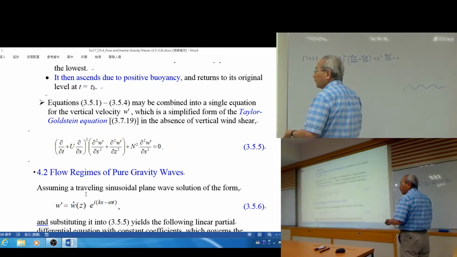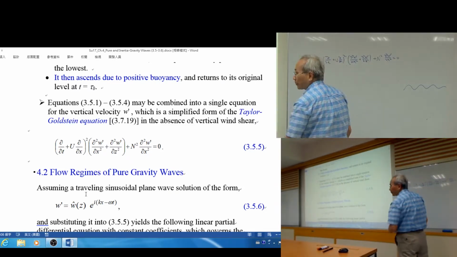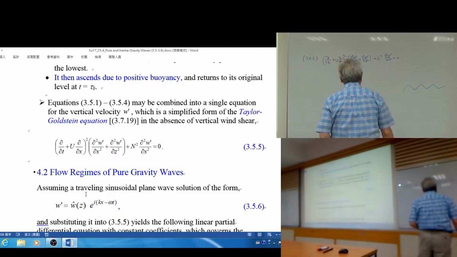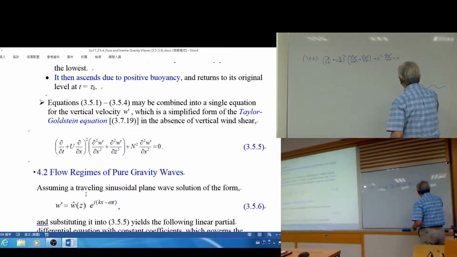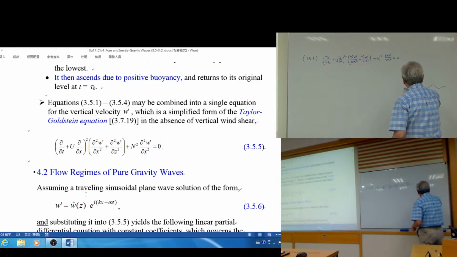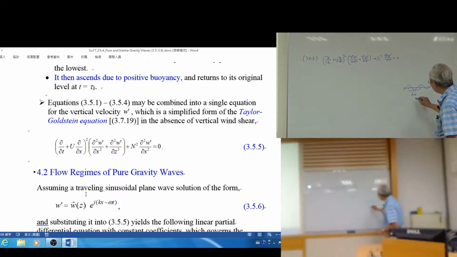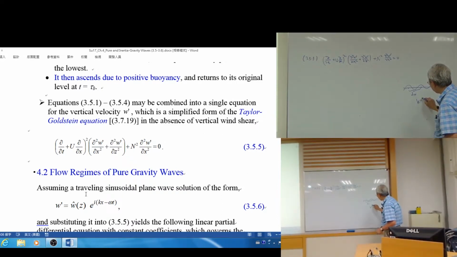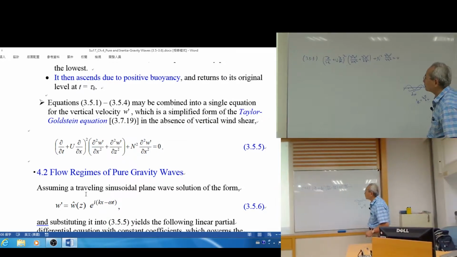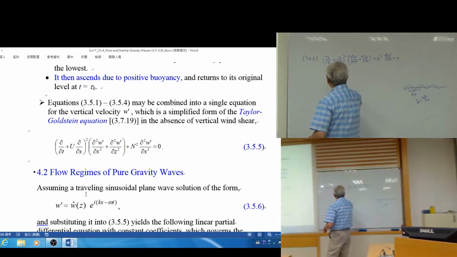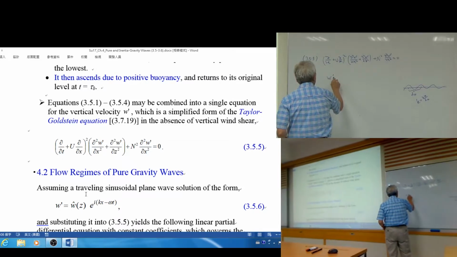Or in general, we can use an exponential. So this one will have a wavelength of lambda x, and so k equals 2 pi divided by lambda x. And so then we can assume w prime is sinusoidal.